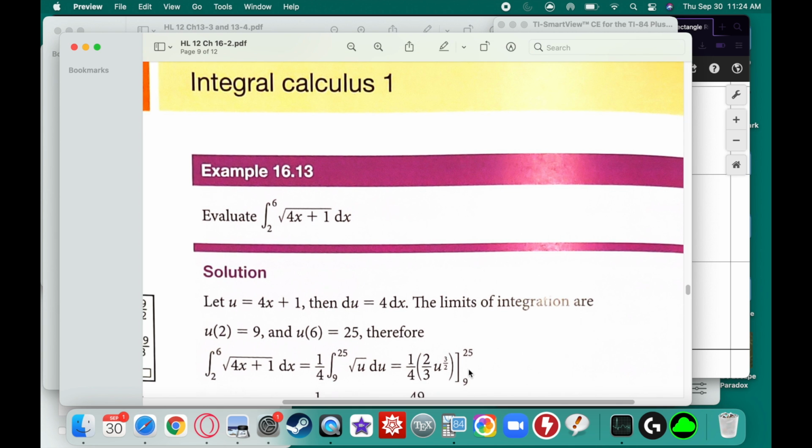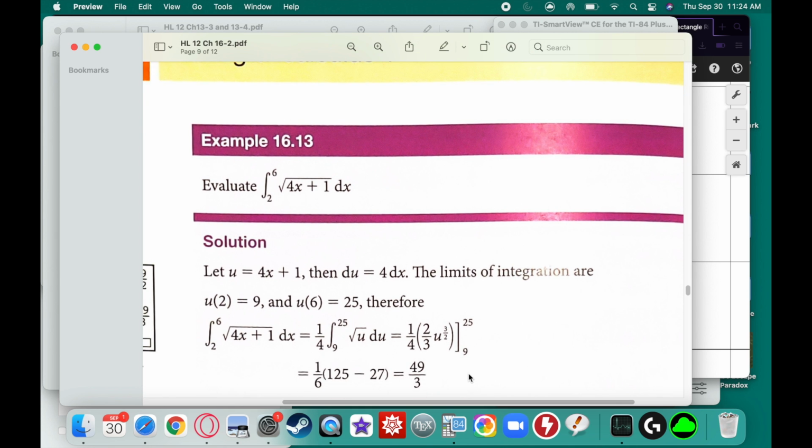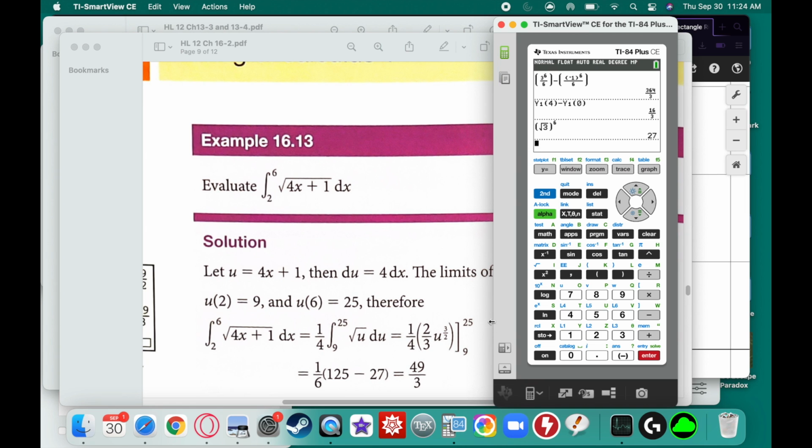I got to evaluate it at 25 and 9. Okay, I stick the u back in. U is going to be 4x plus 1. Put the u back in there, and I evaluate it at 25 and 9. All right, and I guess they want me to do that, so okay. Let's try it. Alpha f1, 1 over 4, and let's do this.